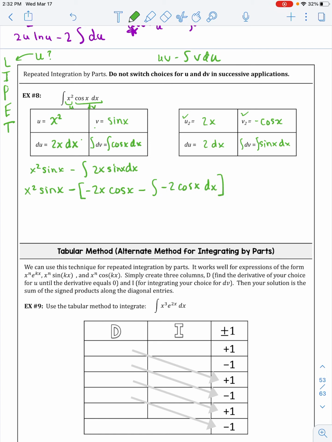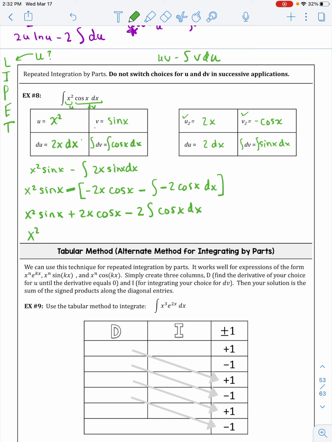And again, I'm putting it in the way I want to see it, so we've got x squared sine x. I'm going to distribute the negative, so plus 2x cosine x. And then here, I've got a negative here and a negative here. That's a positive, but then I've got this outside negative, so that's going to be negative. I'm going to bring the 2 out in front of the integral of cosine x dx.